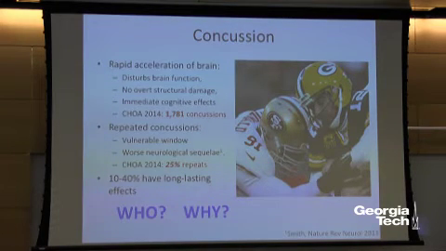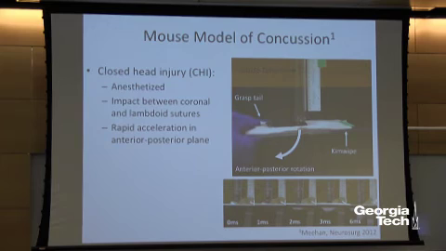Who are they? Why are they most vulnerable to concussion? And who are the ones who are going to be getting these long-term cognitive effects? And then why are they getting these worse outcomes? It's been demonstrated that mechanics alone are insufficient to predict outcomes. So what else could be going on?